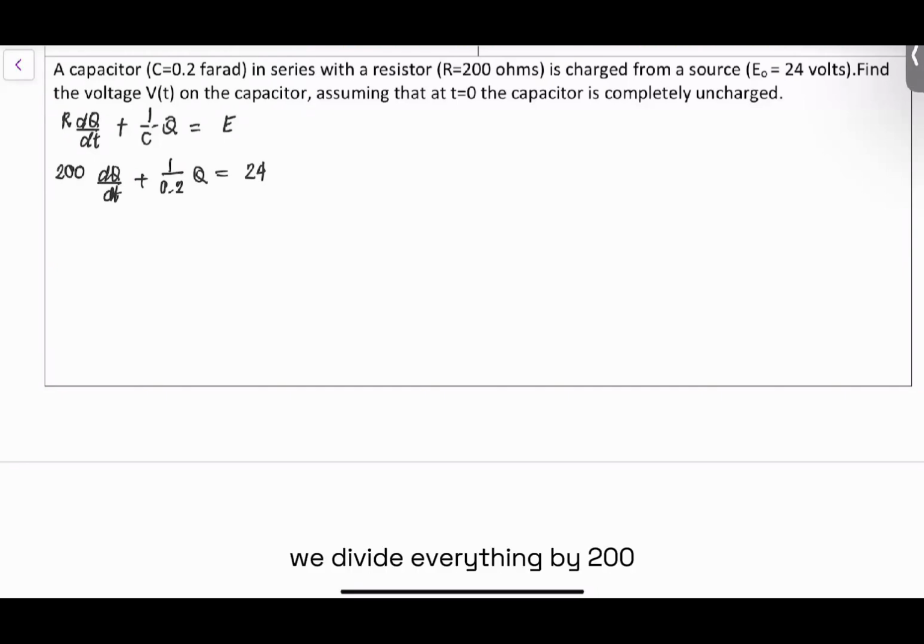We divide everything by 200. So we have dq over dt plus, so this would be 1 over 0.2 divided by 200.